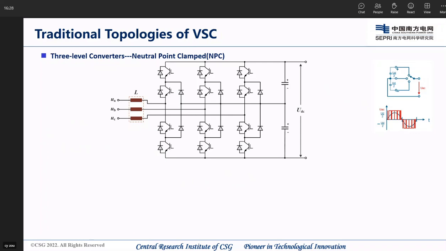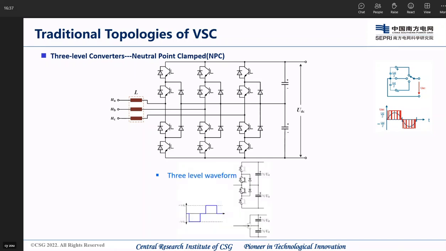So in order to improve the power quality, a three-level converter can be used. For example, the NPC topology is the most used three-level converter. As can be seen from the figure, the output can be connected to the positive power, the negative power, or the middle part.